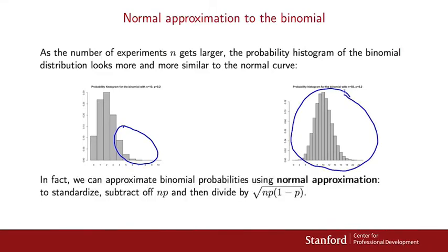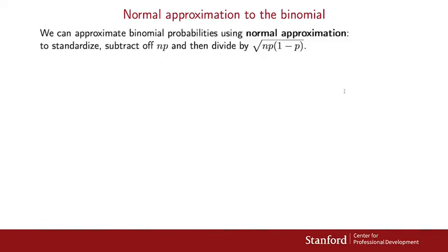This suggests that we can use normal approximation to compute binomial probabilities, just as we used normal approximation before to compute frequencies for data. To use normal approximation for binomial probabilities, we need to standardize by subtracting off n times p and then dividing by square root n times p times 1 minus p.